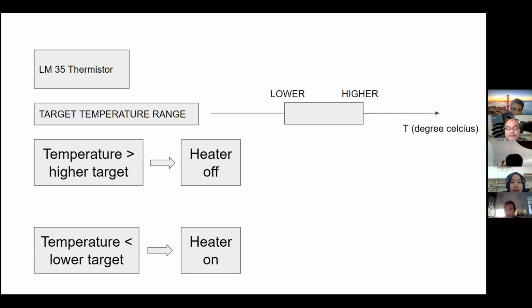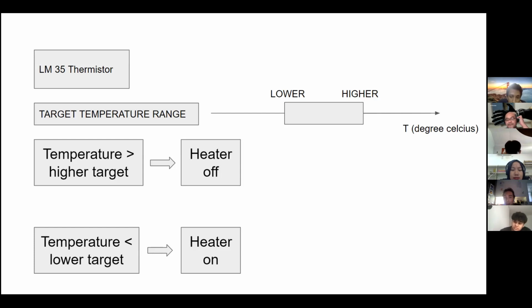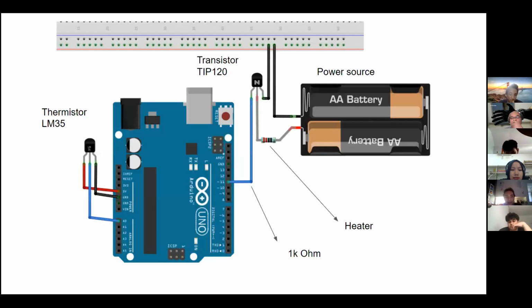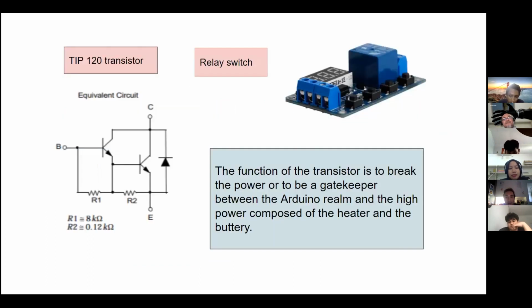Okay, I have a question. Why do you use a transistor instead of the relay in the project? You mean why do we use a transistor instead of a relay, right? Yes, I think in two previous slides before this. Yeah, slide 8. No, the previous one.